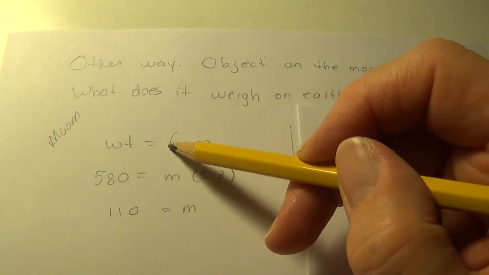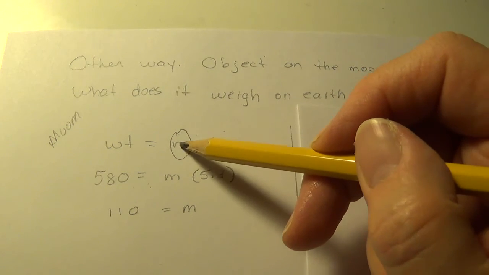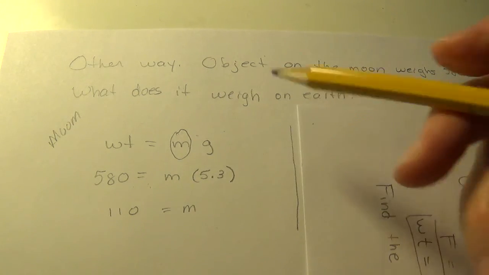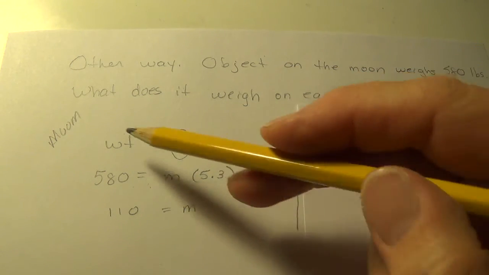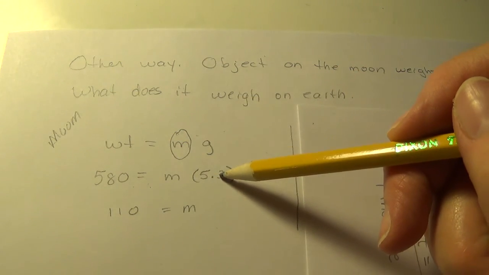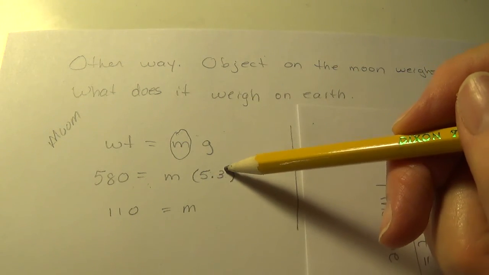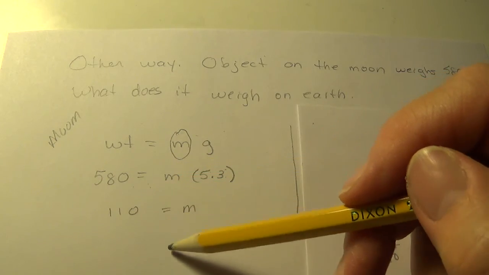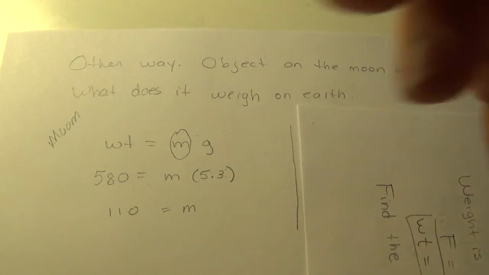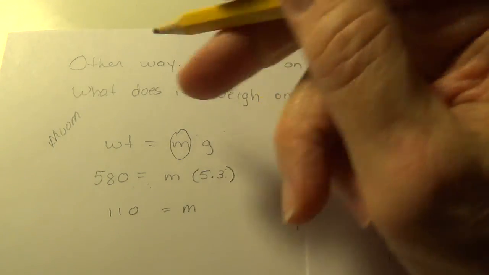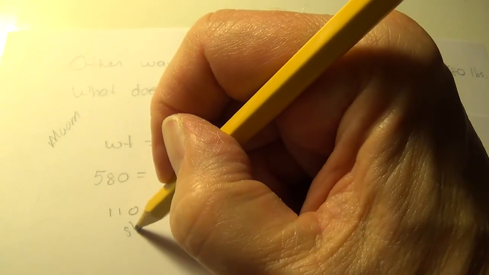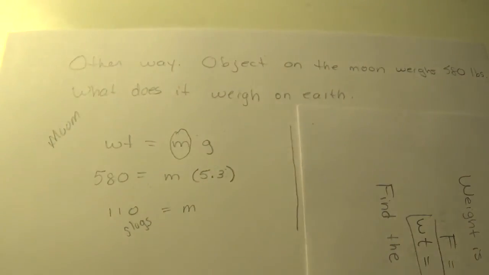We're going to look for mass, because the mass will not change when we go over to Earth. Since we're on the Moon, we have to use the gravitational constant of the Moon, 5.3, and we divide and we get 110. And since we're working in feet, this is slugs. That's the mass of the object.